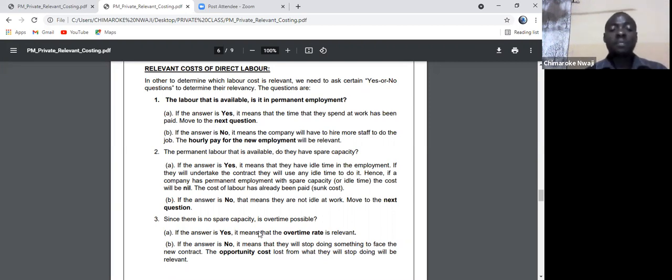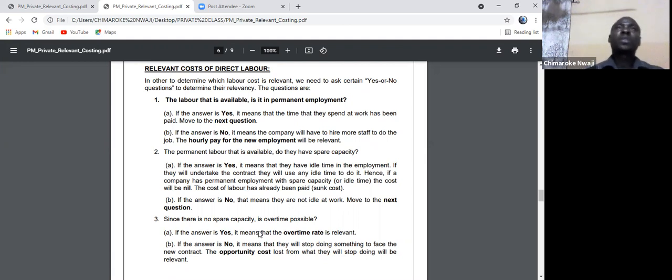You've already paid them. And so whenever a permanent worker is idle and you have to draft him to do a contract on his spare capacity, you're not going to pay him extra for doing that job on his spare capacity because you've already paid him and he's idle. So whenever you identify that a permanent labor has spare capacity, it is zero relevant cost.